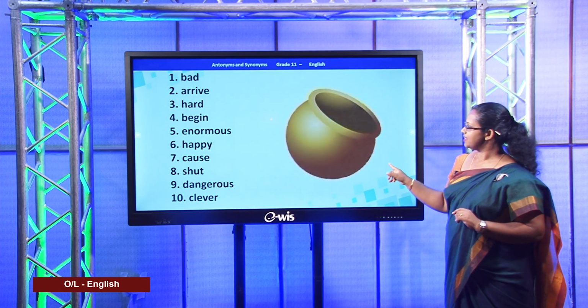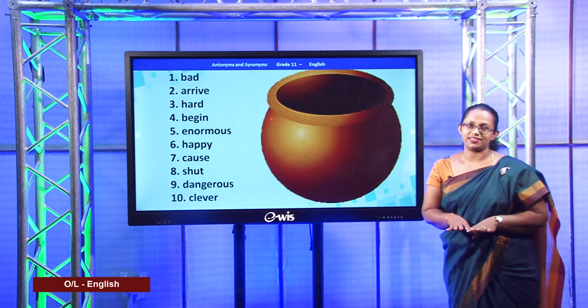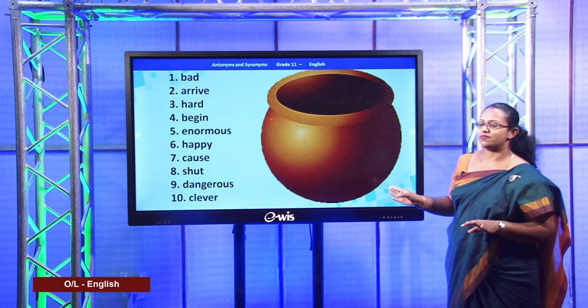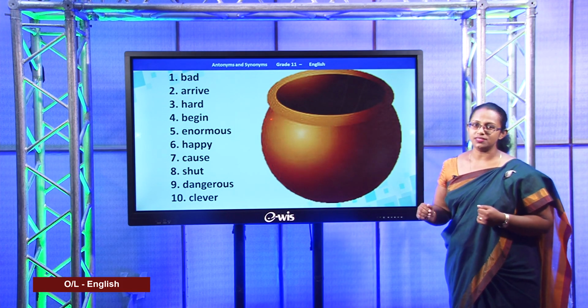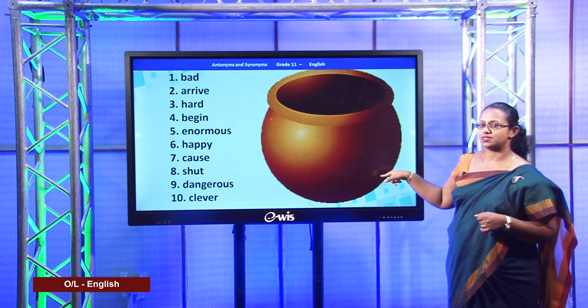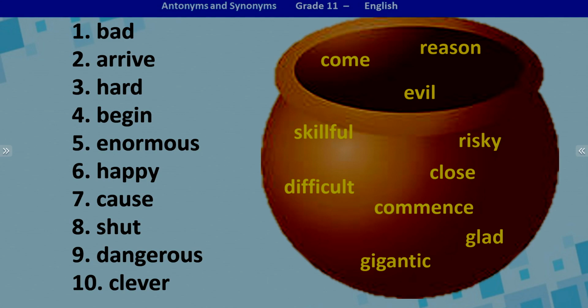Now, here is a big pot filled with words. You have to find similar words for these 10 words from this pot. Now, take a couple of minutes and write the similar words for these words.